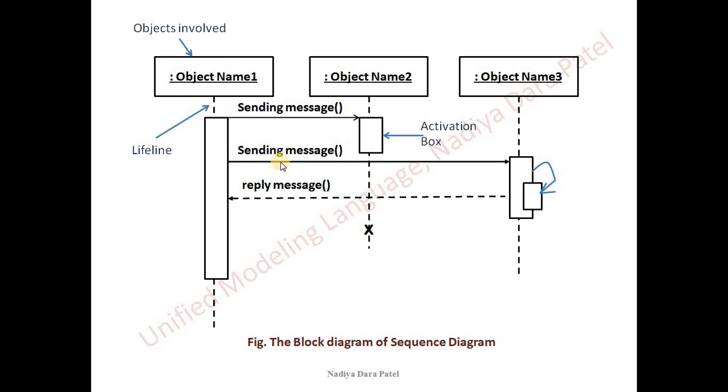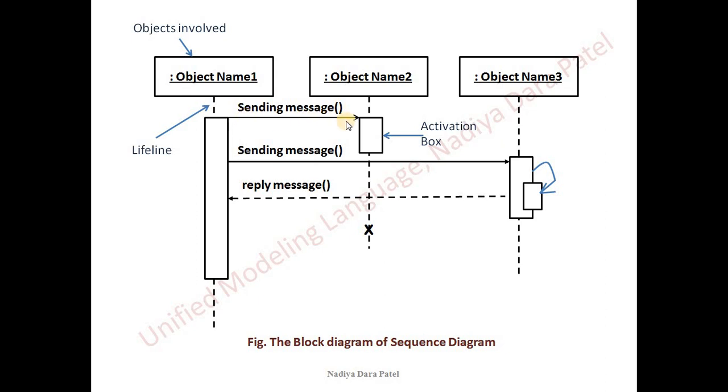Similarly, here I have sent a message from the middle, and the activation box has got highlighted, or has come into life. So activation boxes are the things which make other objects active. As soon as you receive your message, you should draw the activation box. You cannot draw your activation box from upward here and then receive your first message in between here. That is wrong.